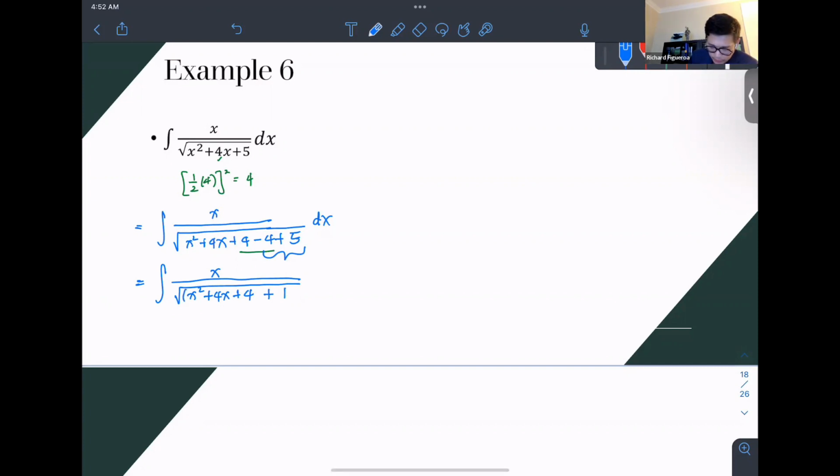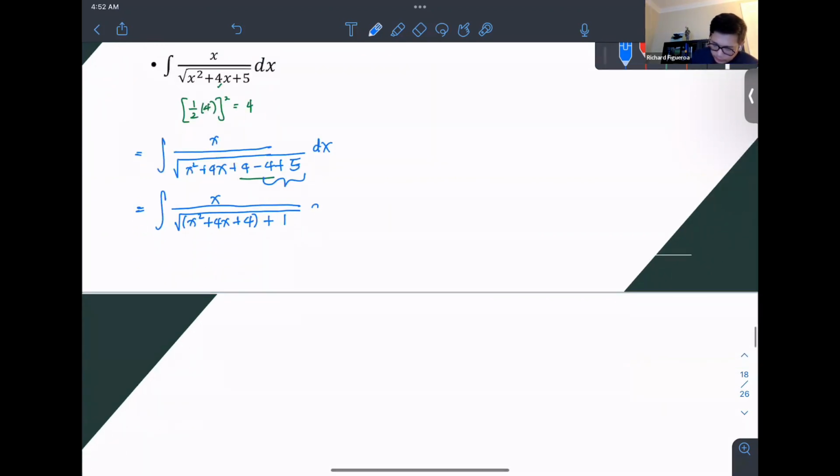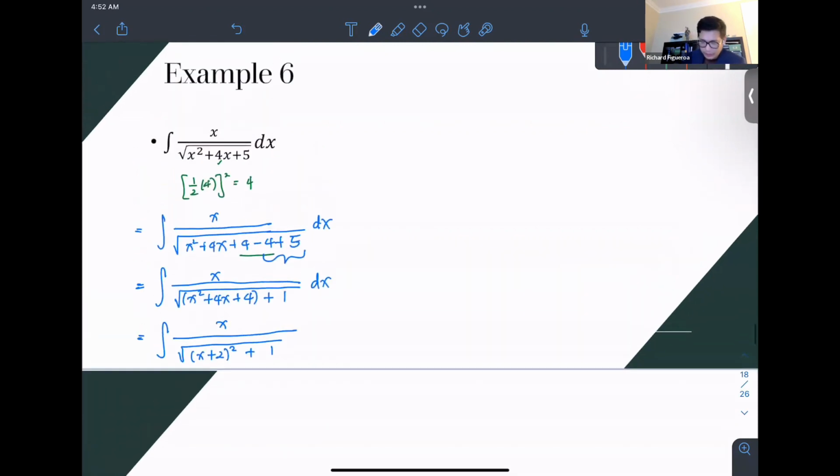And this one is a perfect square, which makes this x over the square root of (x plus 2) squared plus 1. So from there, our x will serve as the x plus 2, and our a is 1.